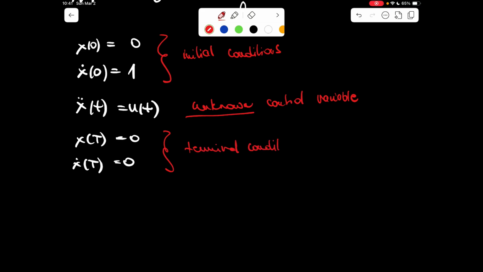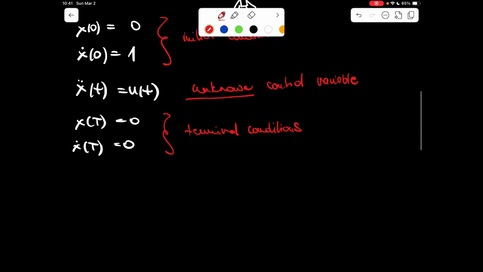You might remember that in the extra exercise added to the lecture on Hilbert spaces, we tried to find restrictions on the control function on the basis of our boundary conditions. So this is what we are going to do.